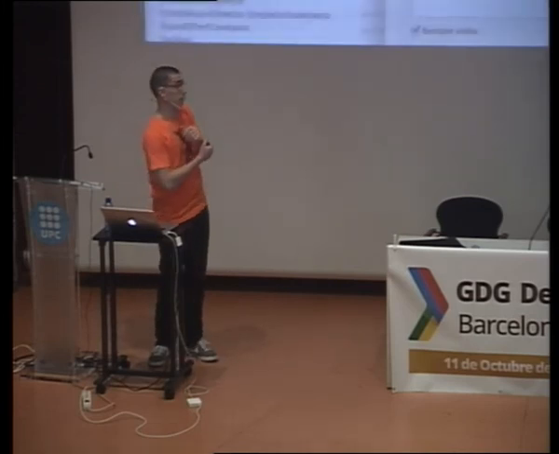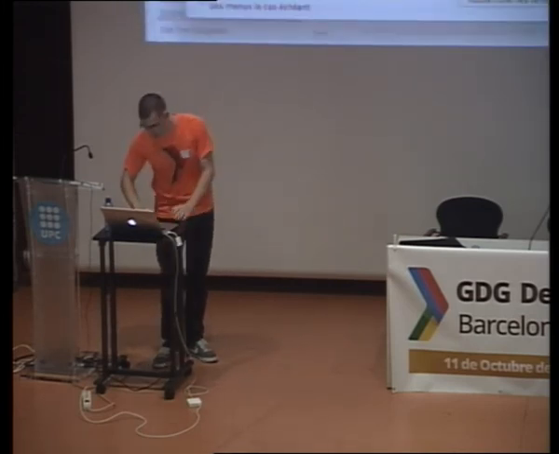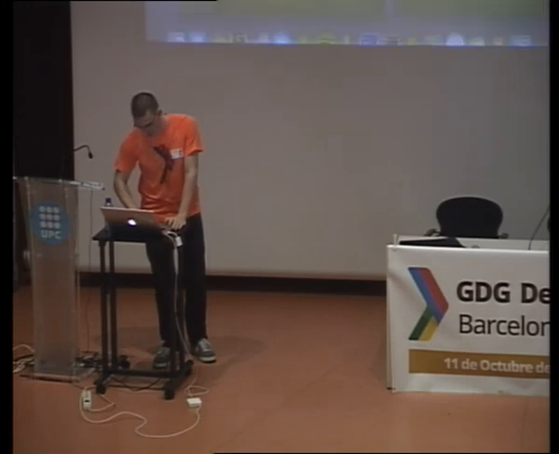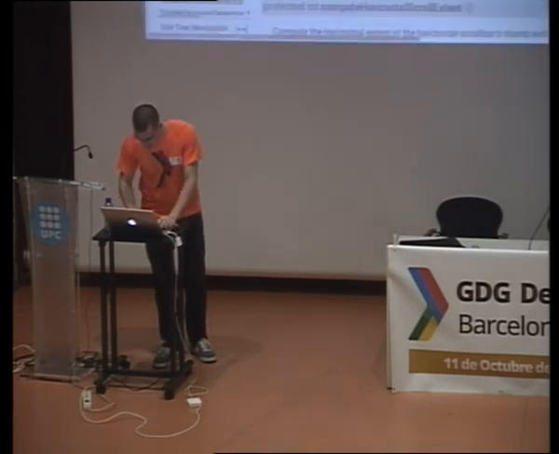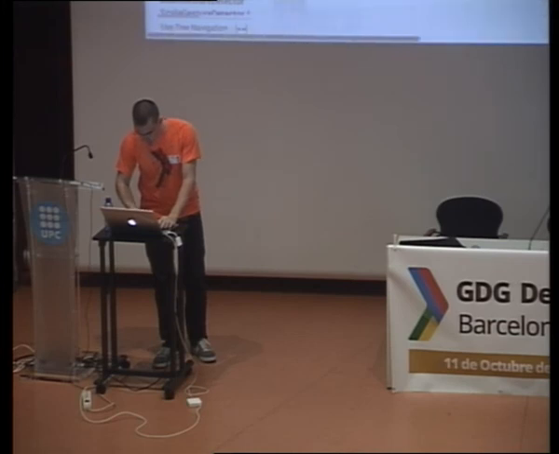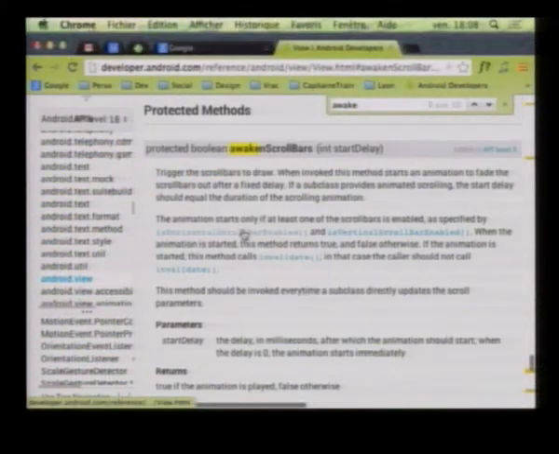I've not talked about that because there are lots of features that you can find in the view class, but I don't have enough time to talk about all of them. So basically, what I was showing you is awakenScrollBars. When you want to ask the system to draw the scroll bars, you just call awakenScrollBars, and the system will render the scroll bars. First, you can enable the scroll bars horizontally and vertically, of course.